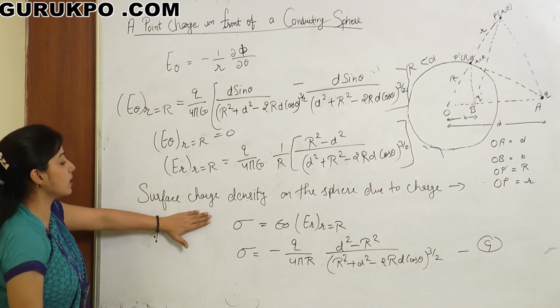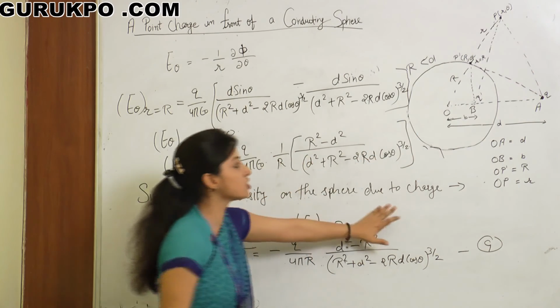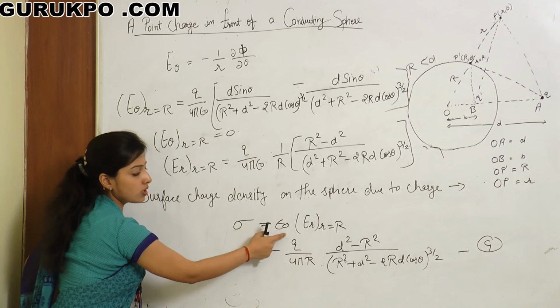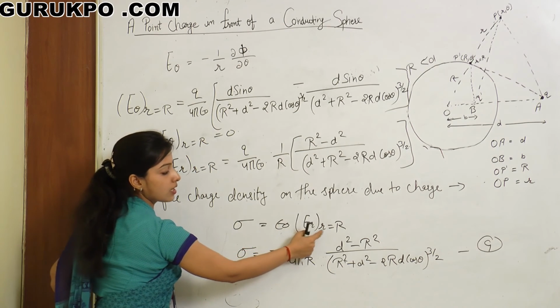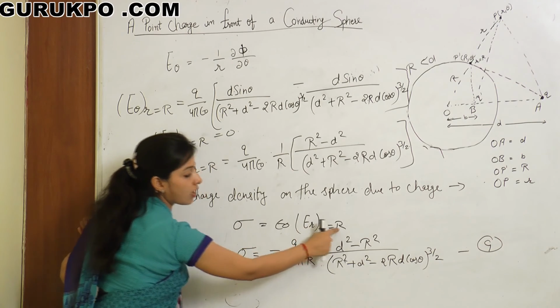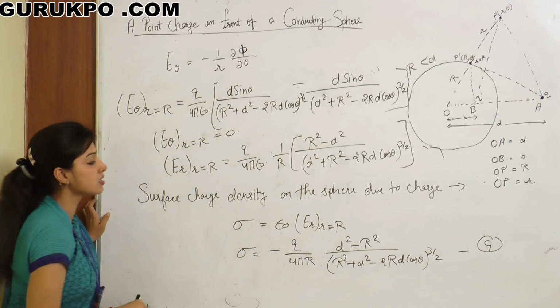Now we have to calculate the surface charge density on this sphere due to the charge. Sigma equals epsilon naught into E r at r equals R, and r equals R is the point at the surface of the sphere.